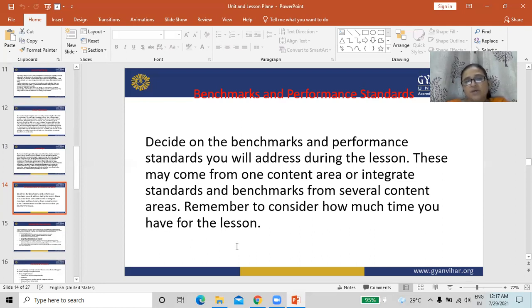Decide on the benchmark and performance standard you will address during the lesson. These may come from one content area or integrate standards and benchmarks from several content areas. Remember to consider how much time you have for the lesson.